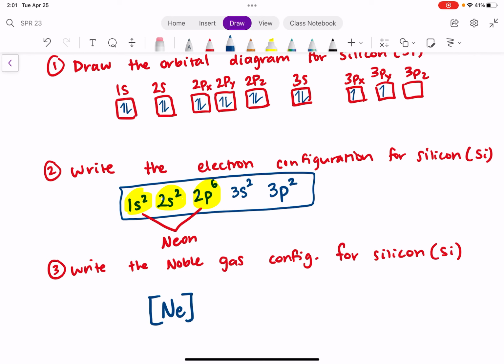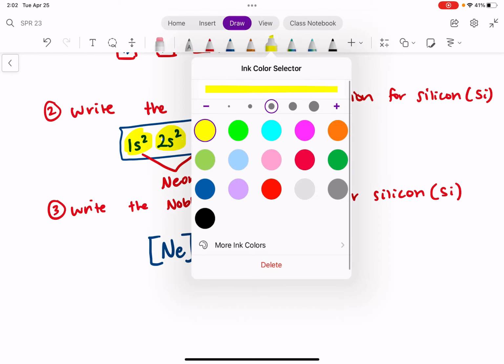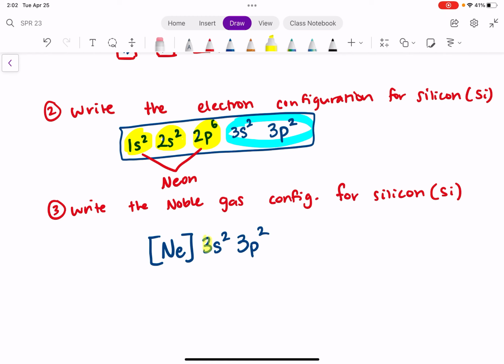And then we fill in the rest that's left over. So everything that's left over here, that's going to be 3s2 and 3p2. Okay, so now you can see how many electrons are actually in your highest energy level.